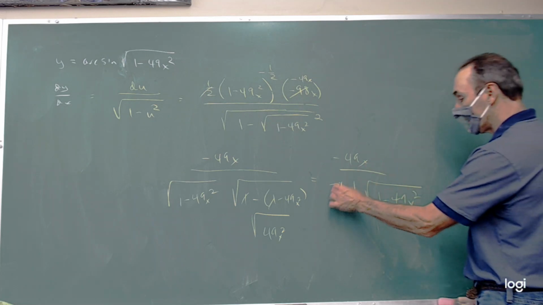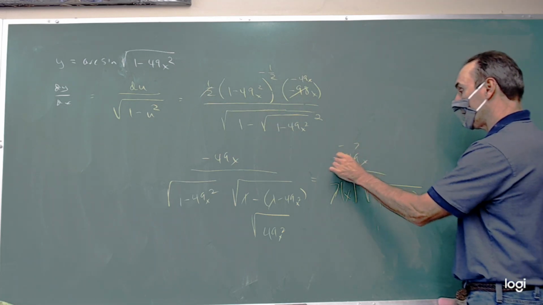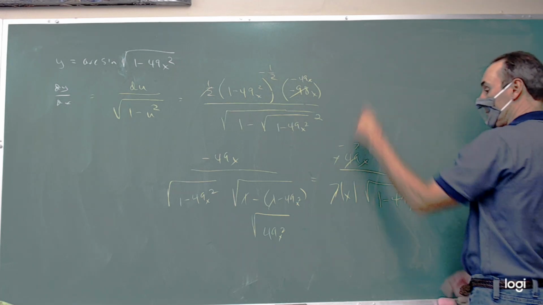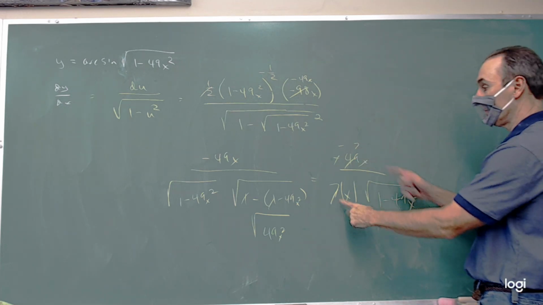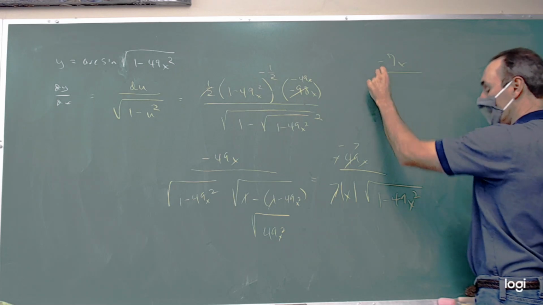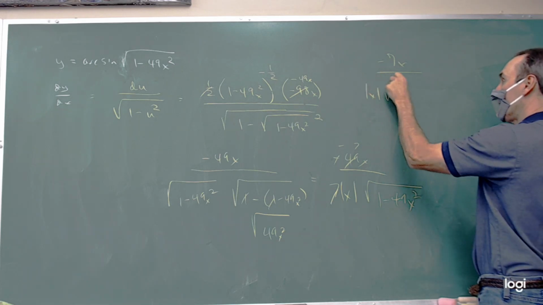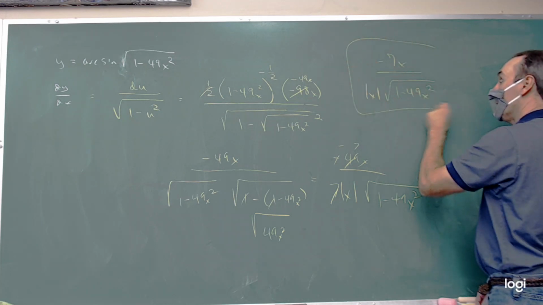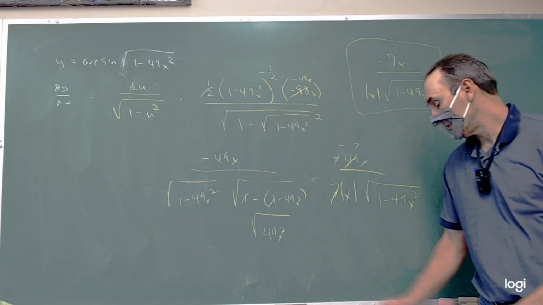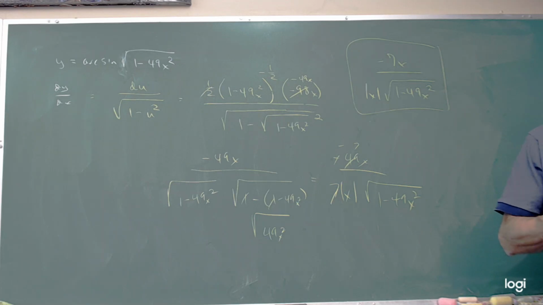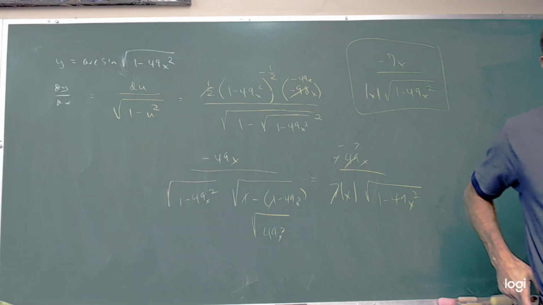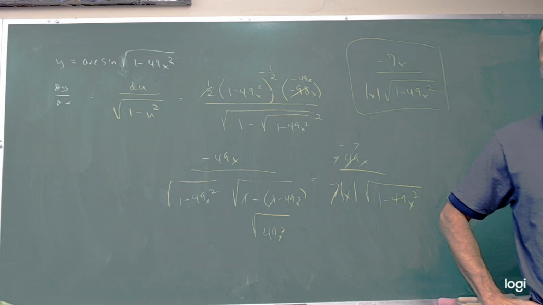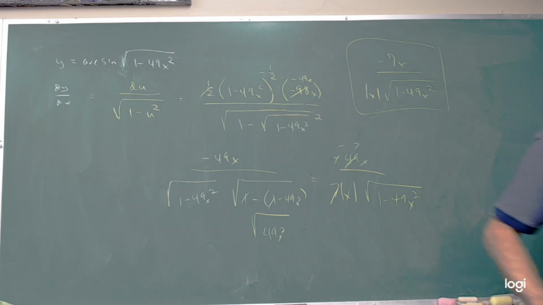The 7 can cancel with the negative 49, but the x cannot cancel with the absolute value because they are not the same for all values of x. So we are trying to get to negative 7x over the absolute value of x times the square root of 1 minus 49x squared. Ooh, that is a problem.